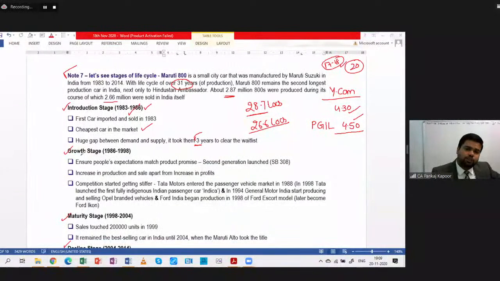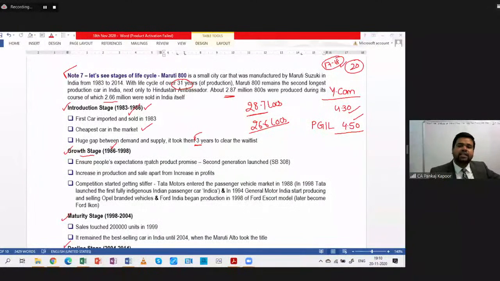Okay, moving further, the growth stage. The car market in India developed slowly and people slowly became economically empowered and started buying automobile vehicles. And Maruti really witnessed good times for 13 years, between 1986 to 1988.